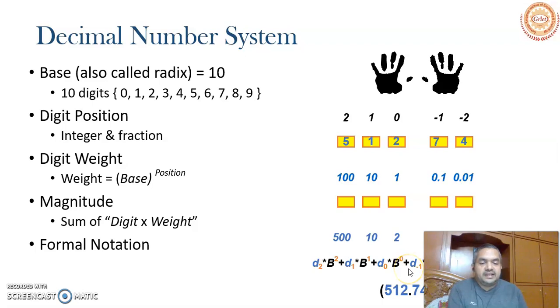We can show the expansion like this: d2 into b square plus d1 into b power 1 plus d0 into b power 0. Here d0, d1, d2 are the position values, whereas b square, b power 1, b power 0 are the weights. Any number has the same meaning like this.